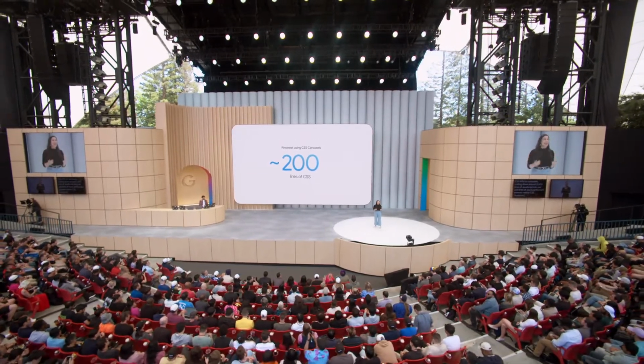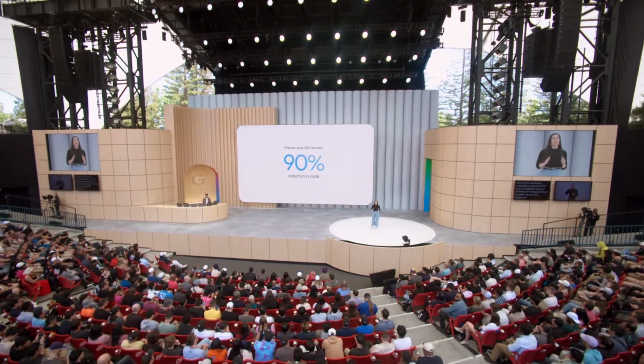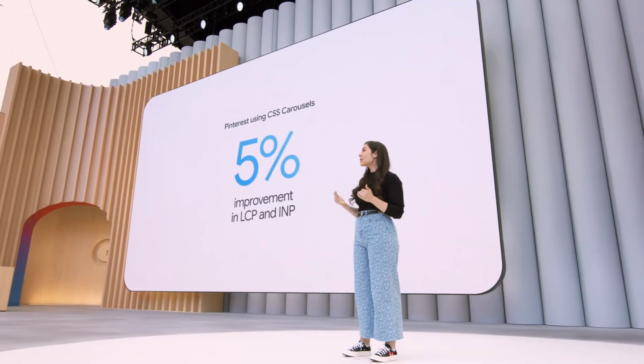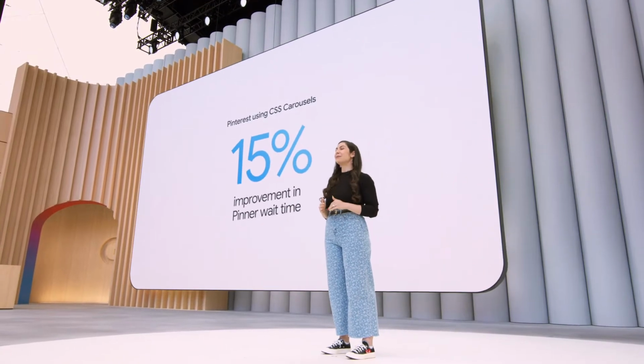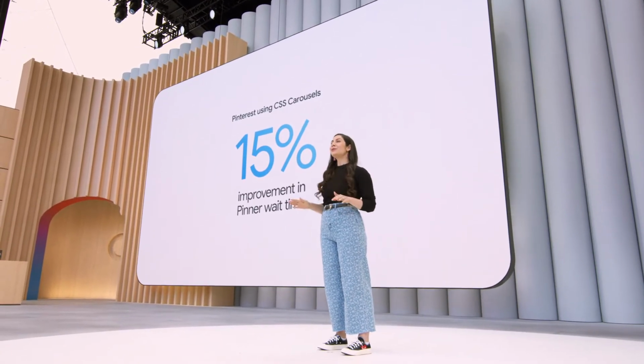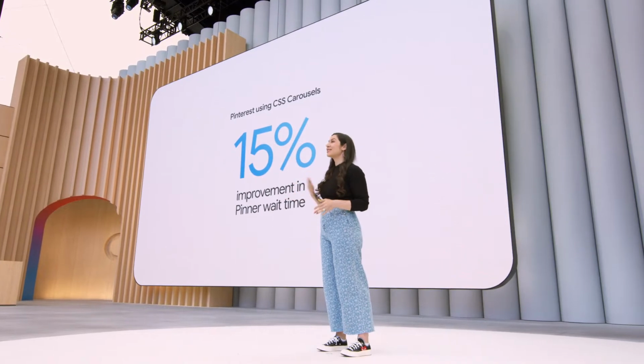That whopping 90% reduction in code improved overall performance, and it also noticeably improved product pin load times by 15%, which is a huge quality of life improvement for their users like me.